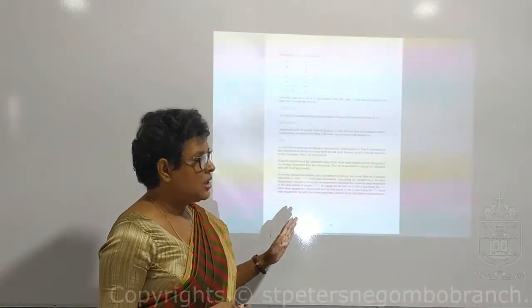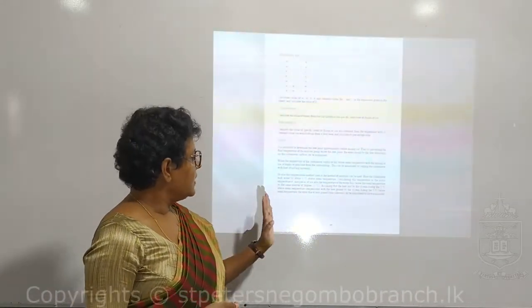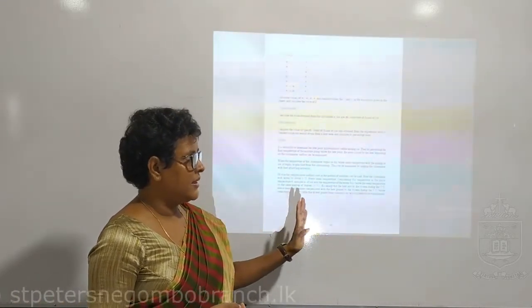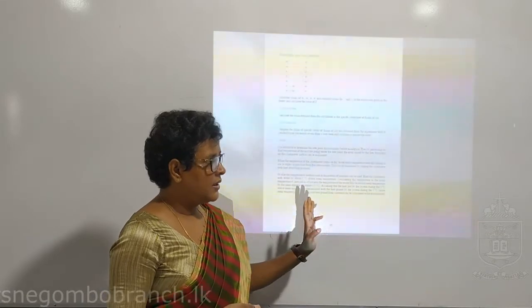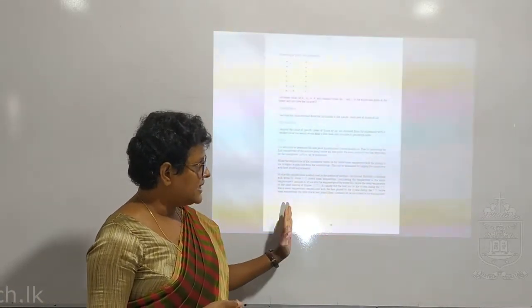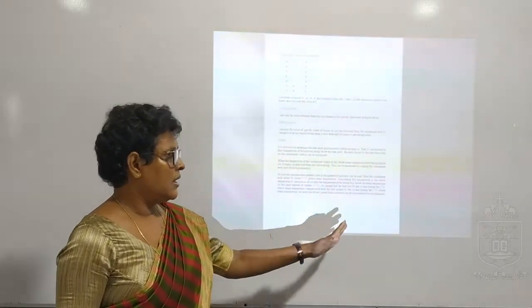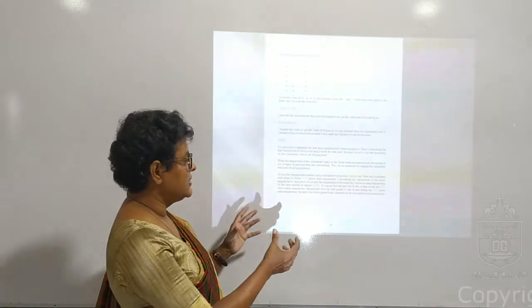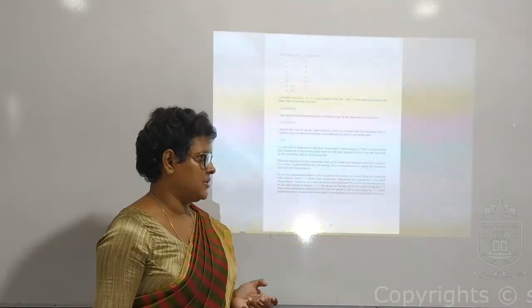Here also you use the theory: the heat obtained by the ice cubes equals the heat given by the calorimeter plus water. Here you are considering ice, so there is a phase change.